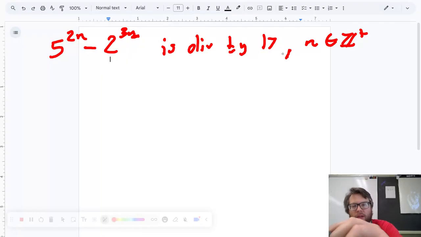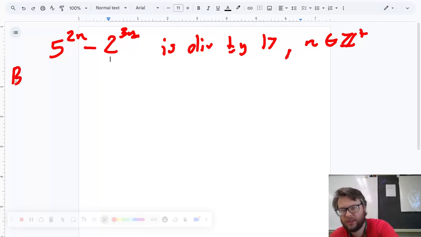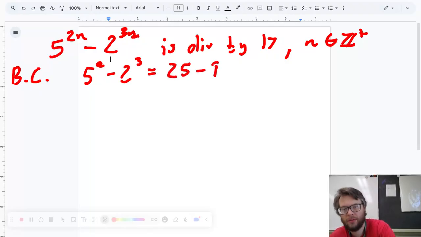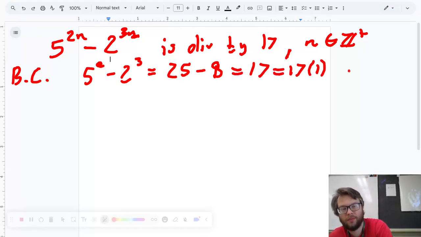Okay, so let's start, same process. Let's look at our base case. So that would be 5 to the 2 minus 2 to the 3. That's 25 minus 8, and that's 17, which is 17 times 1. So we proved it for the base case.